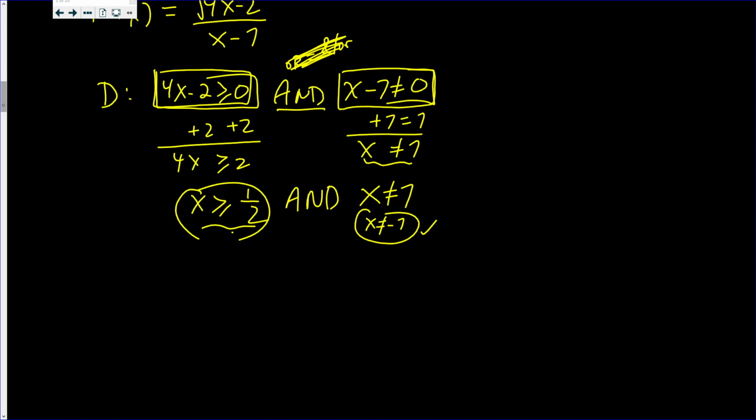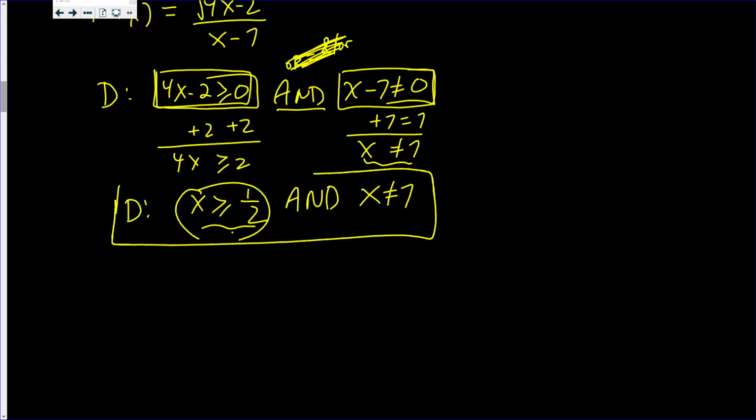So, here is one way of writing the domain. Let me get rid of this because that was an example. x is at least 1/2 and it's not 7. Well, maybe your teacher wants you to draw it on a number line.